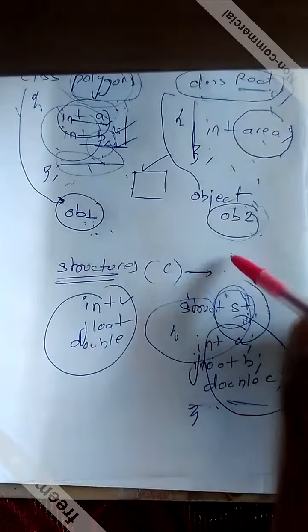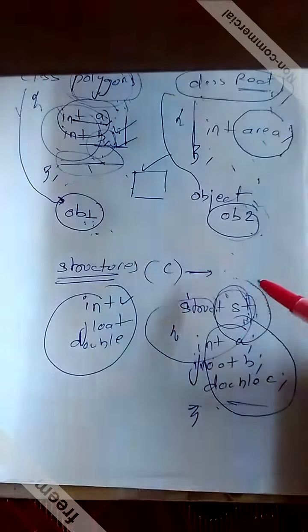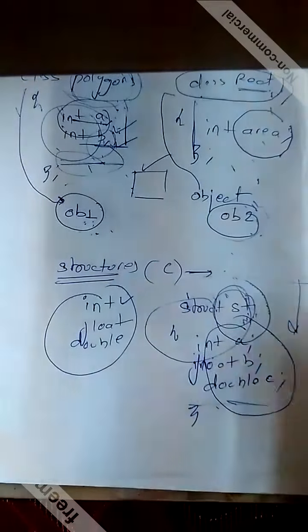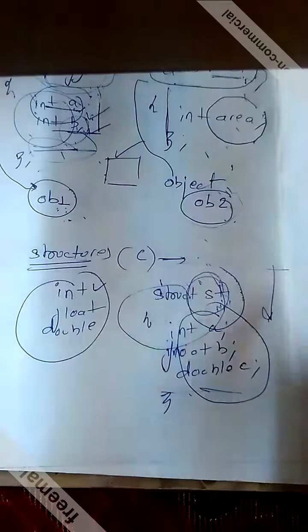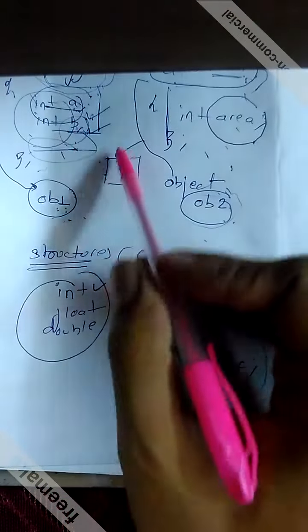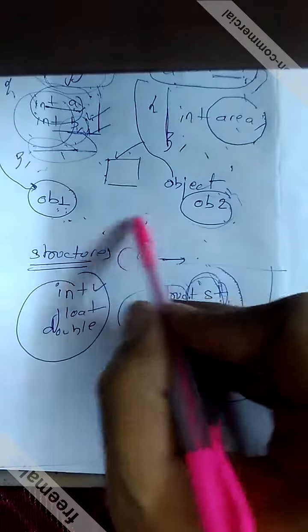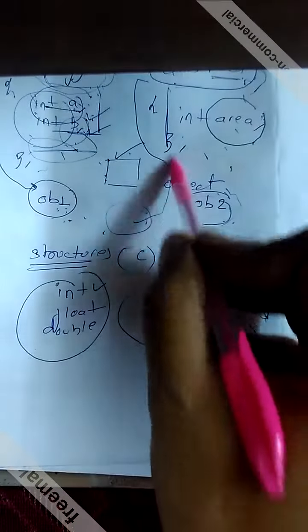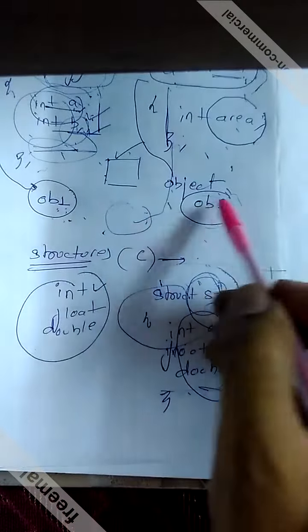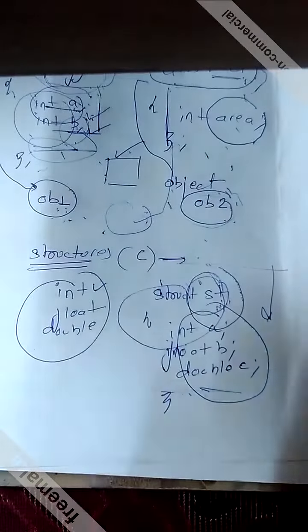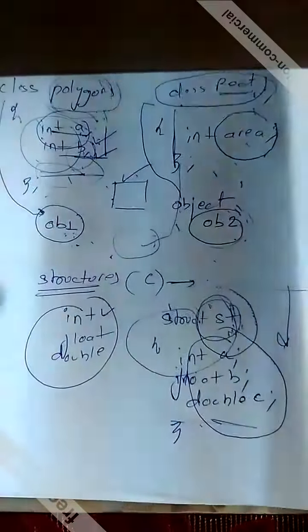C follows a top down approach, from top to down. This is how the compilation works, and C++ follows a bottom up approach, because the object is created first, then we go to the class to see what this object is having. That's how it works.